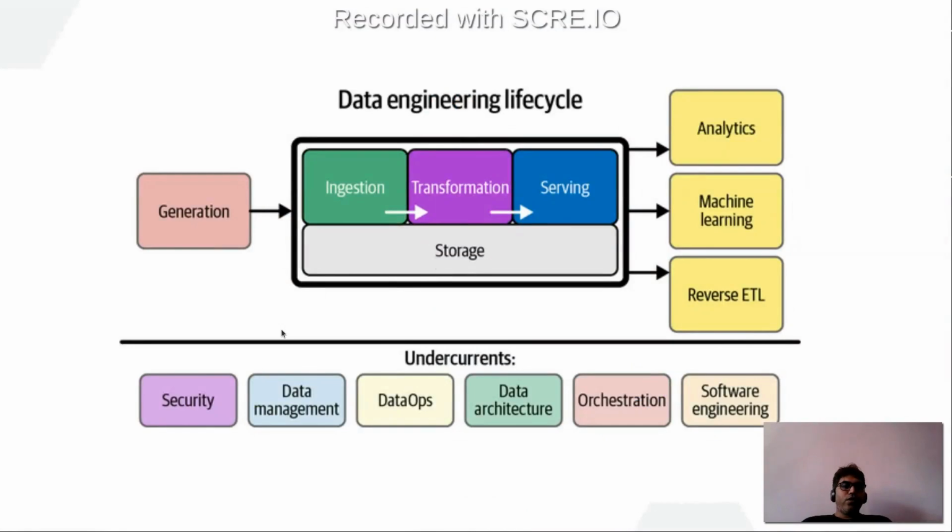But there are various agents or external factors that play a very vital role in this data engineering lifecycle. So you have to maintain security and data management. From time to time you have to see which data needs to be retained, which data needs to be removed, or made to take a backup of the old records.